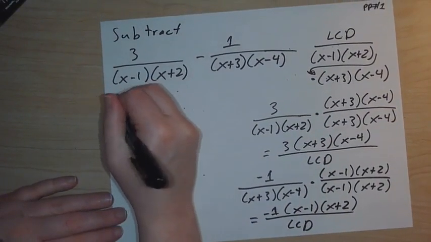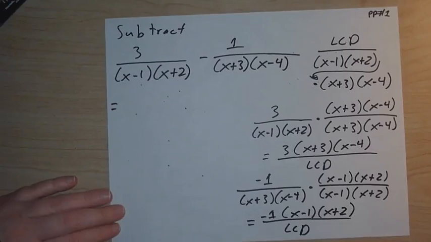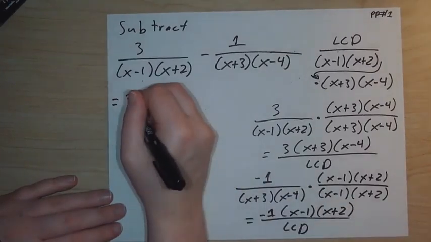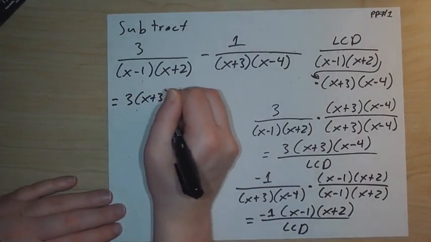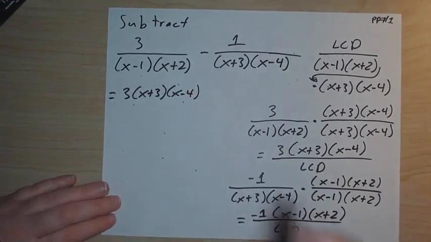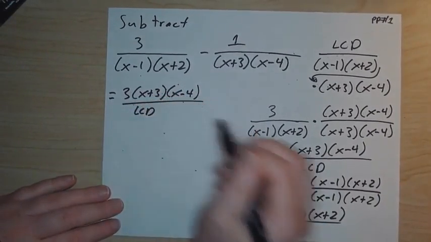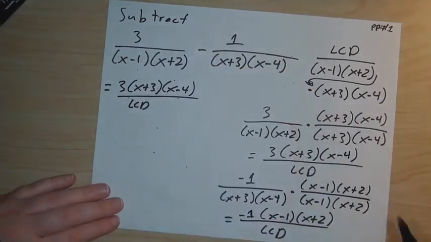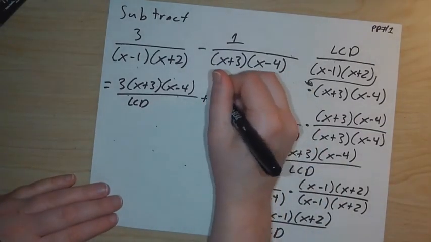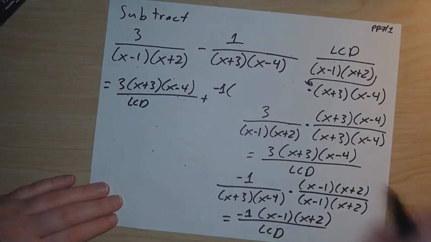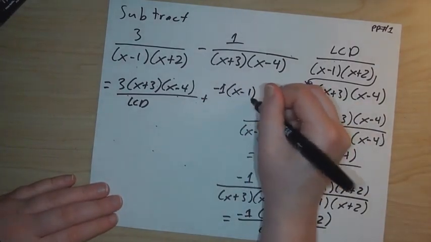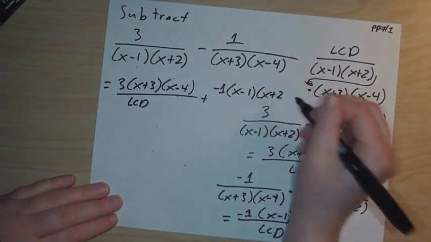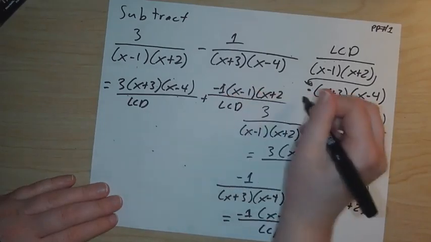And so rewriting this is a lot of words. So we have 3 times x plus 3 times x minus 4 over the LCD plus -1 times x minus 1 times x plus 2 all over the LCD.